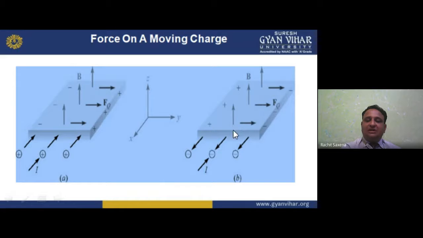Perpendicular to this current we have the magnetic field, and through these two perpendicular we have the force. So we can make a three-dimensional figure. Just go through it and try to understand.